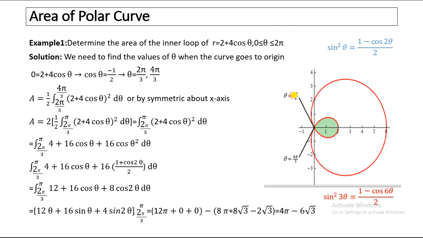Substitute theta equal 2 pi over 3 and theta equal pi. Then I want to find half of this loop. This loop begins from theta equal 2 pi over 3 until theta equal pi. The loop starts at theta equal 2 pi over 3 and ends at theta equal pi, because r is negative.